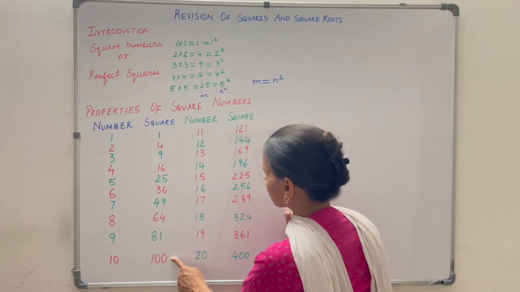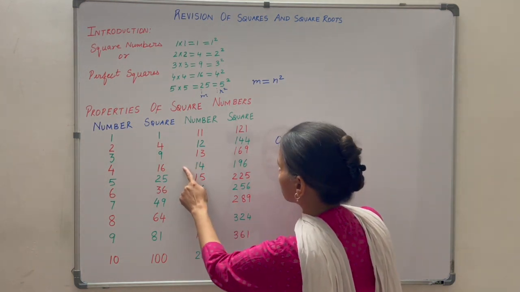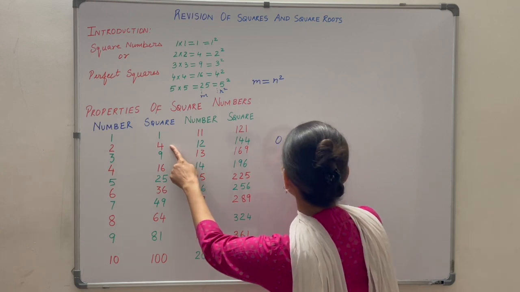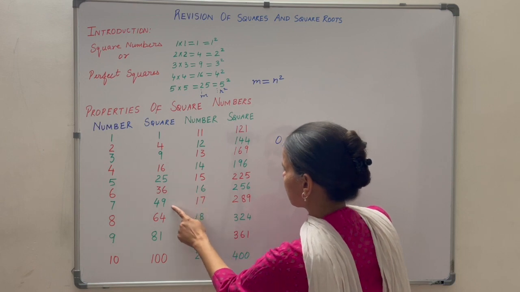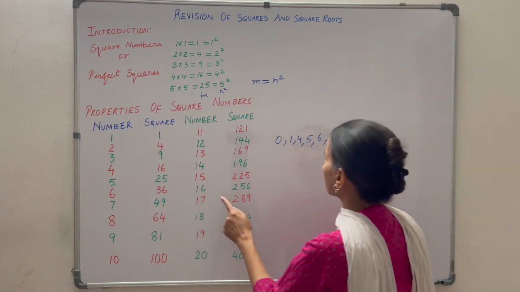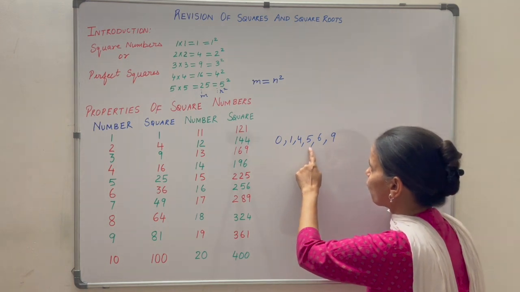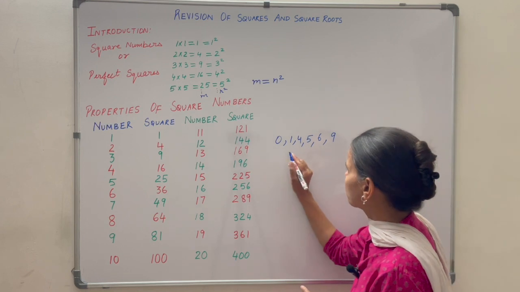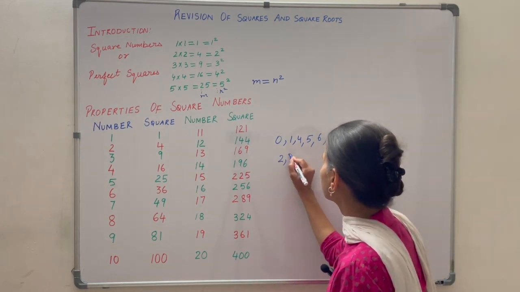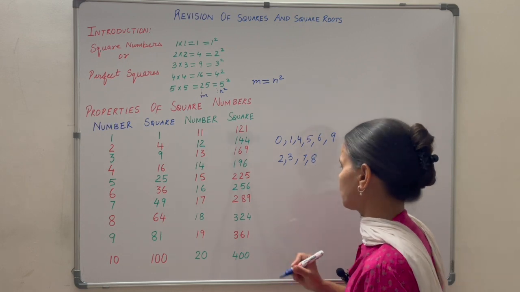The units place of a square number has 0, 1, 4, 5, 6 and 9. So a perfect square ends with 0, 1, 4, 5, 6 or 9. Which numbers are missing here? You can see 2 is not there, 3 is not there, 7 is not there, and 8 is not there.